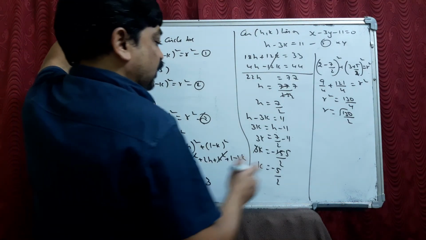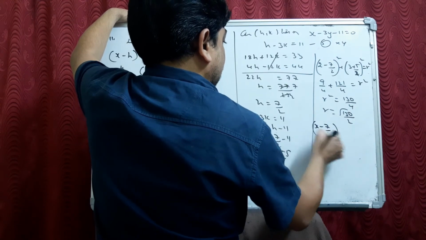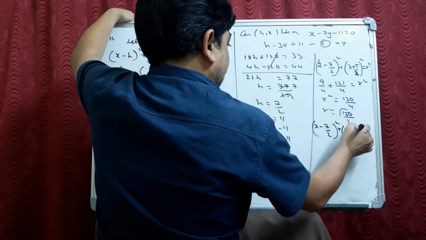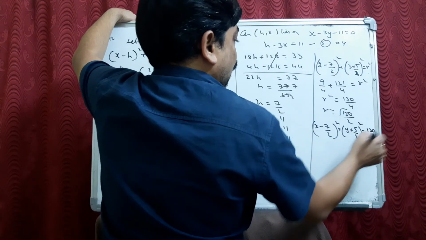So the required equation will be x minus 7 by 2 whole square plus y plus 5 by 2 whole square equal to 130 by 4.